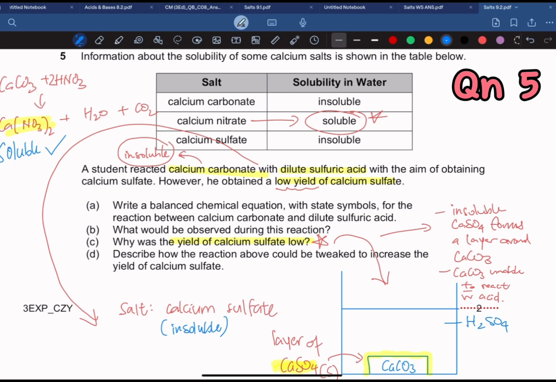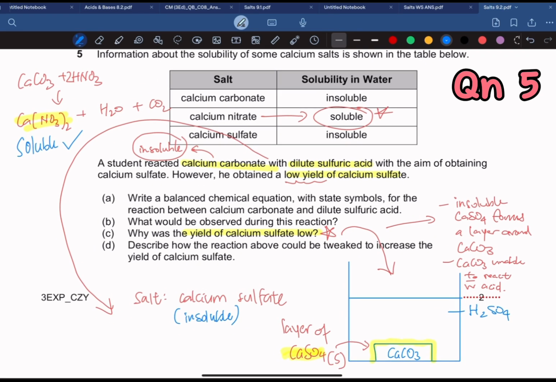Okay, so in this question, they also ask about, why is there a low yield of calcium sulfate? And we have talked about this. There's going to be a layer of calcium sulfate formed around my solid reactant because it's a wrong method for producing calcium sulfate. And it prevents my calcium carbonate from reacting any further. Okay, so how can we tweak this reaction?